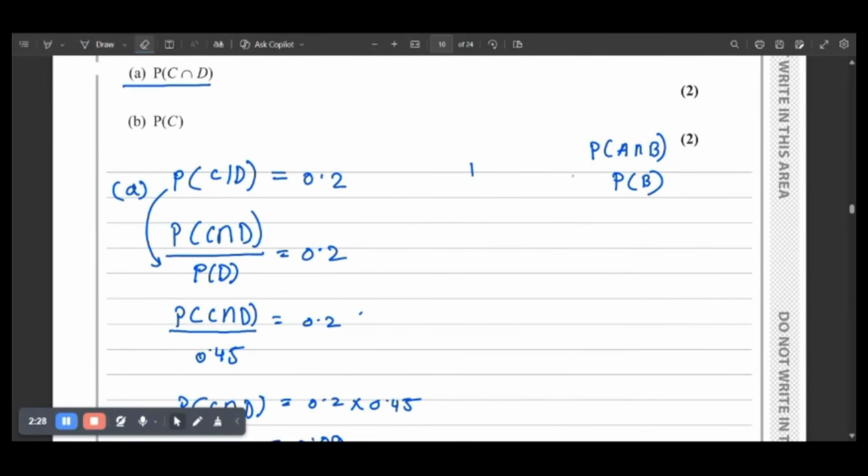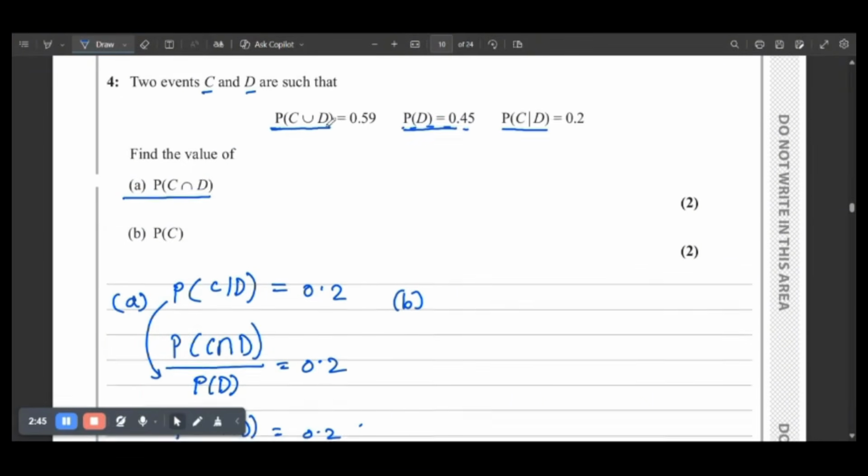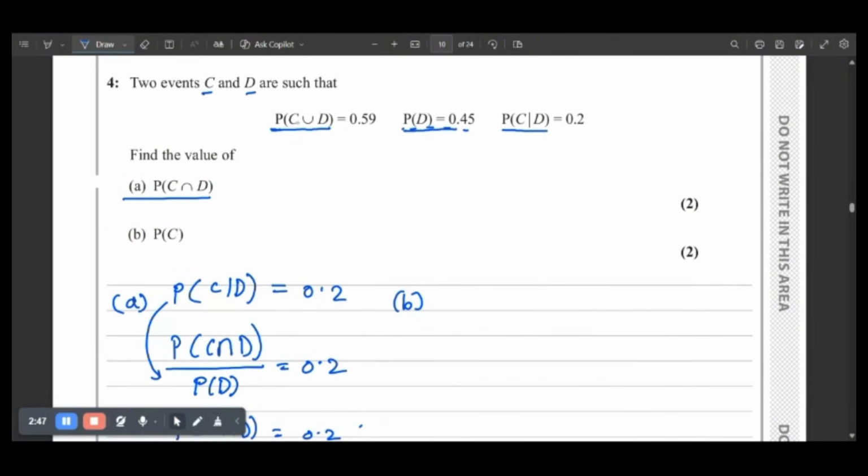For part B, we have to calculate the probability of C. We can see it is given that the union of C and D is 0.59.